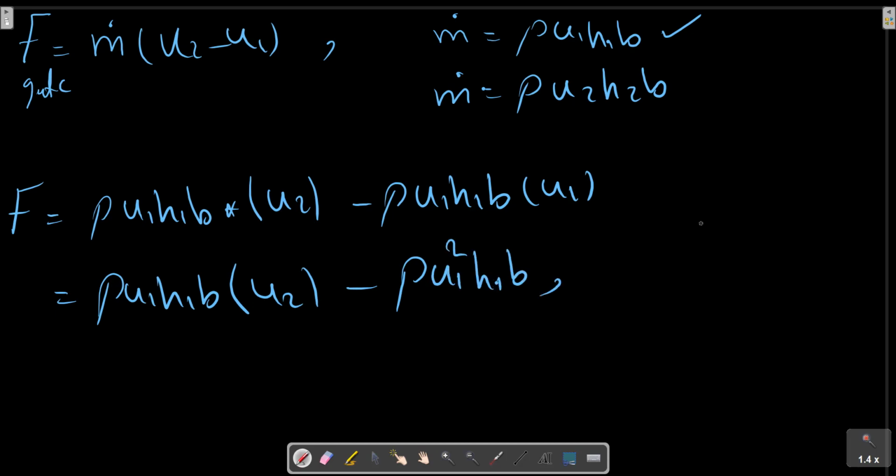We have an expression between the two velocities, which was u2 equals u1 H1 over H2.